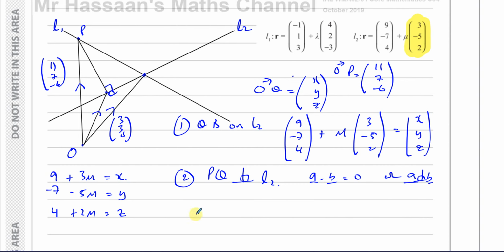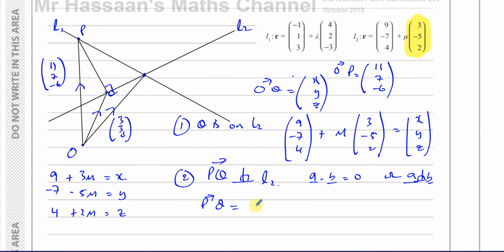So we know that we need the vector from P to Q, not O to Q. We've got to find what the vector from P to Q is. If I want to go from P to Q, I've got to go from P to O and then from O to Q. So it's OQ minus OP, because you're going to have minus OP plus OQ.